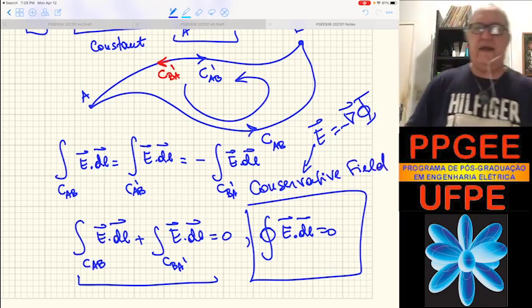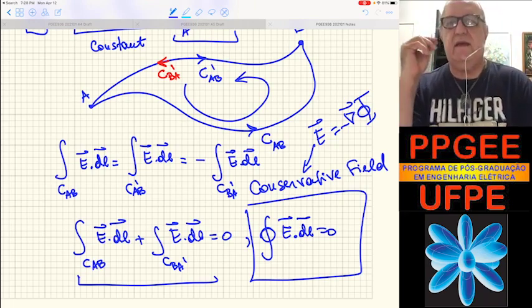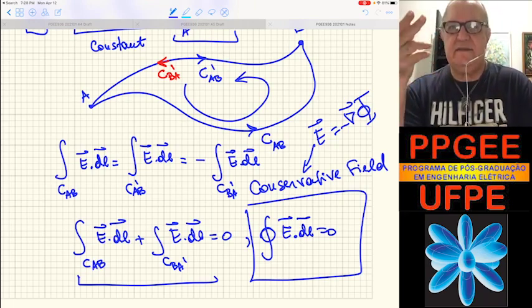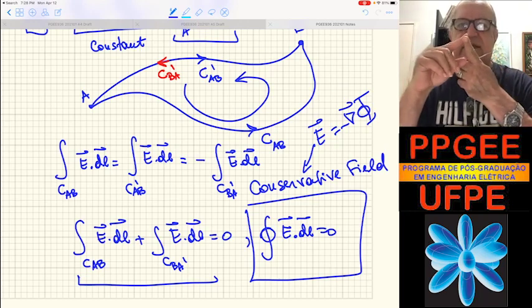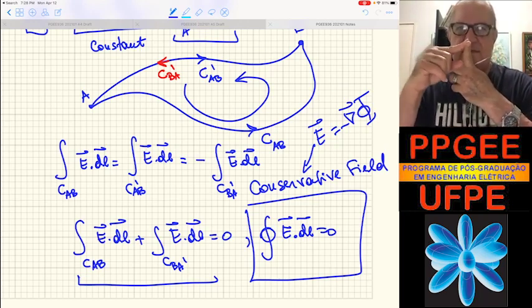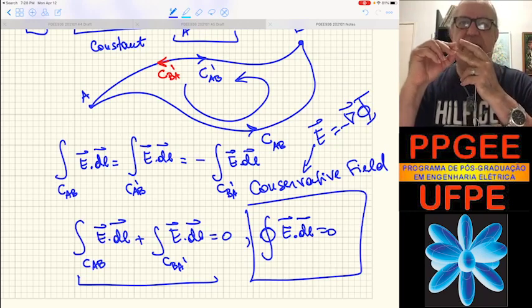That's a direct consequence of the fact that the field can be obtained from the gradient of a scalar function. This is because the field is a central field, right? And the field depends only on the distance.